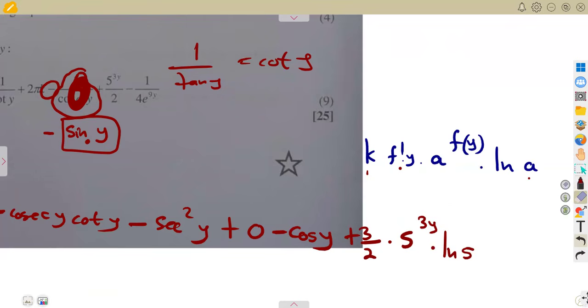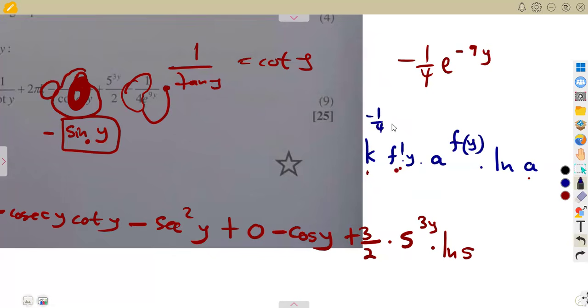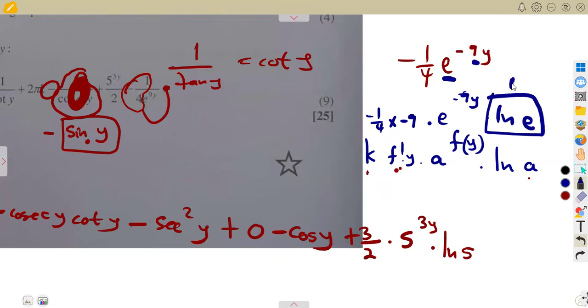In the same manner with this e that you're given, this is minus 1 over 4. Take the e to the exponent of y on top. It is going to be e to the exponent of minus 9y. So in the same sense, we're going to have the constant times the first derivative. So the constant there is the minus 1 over 4. The first derivative of y there is a minus 9 times a to the, which is the e to the exponent of minus 9y as it is, then the ln of a, which is the ln of e, where we know that the ln of e is 1.